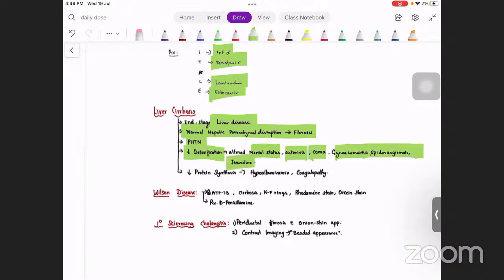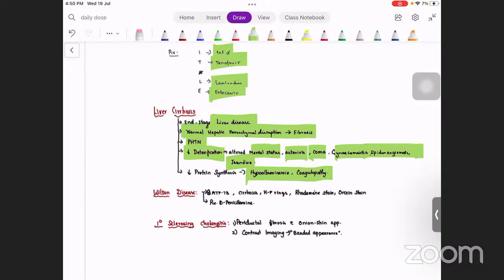Due to the lack of protein synthesis, you may see hypoalbuminemia and coagulopathy in the cirrhotic patient.